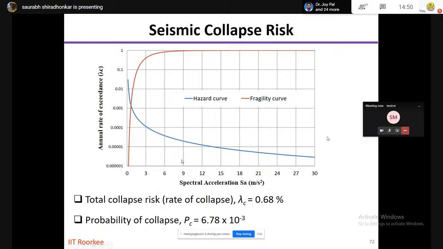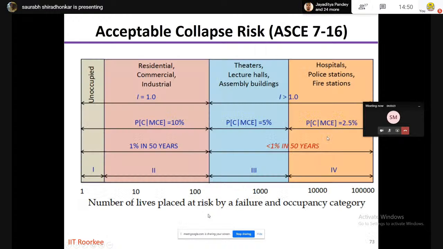And what we have got is 0.0678, which is less than the 10%. So when we design a building as per IS 1893, it ensures that the building is not collapsing at MCE hazard level.